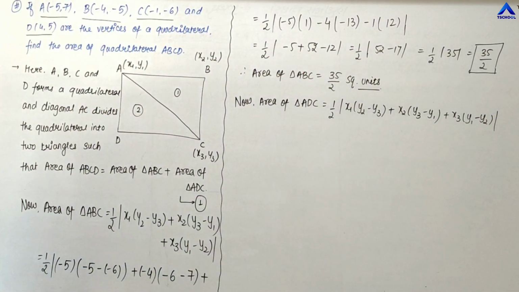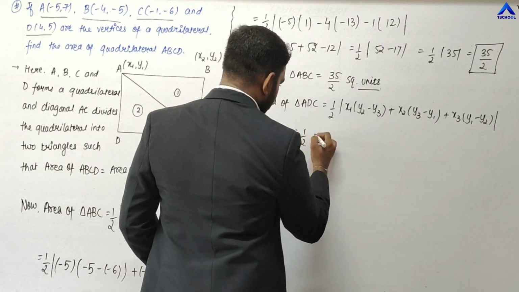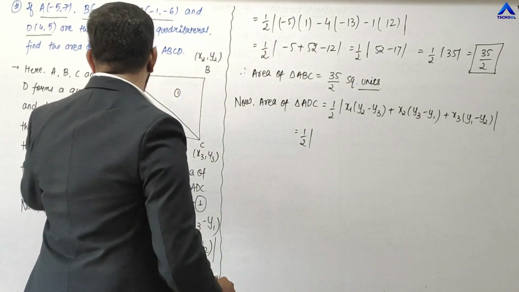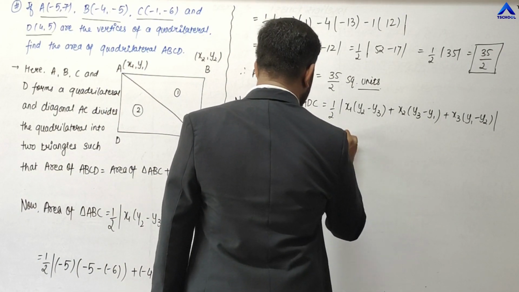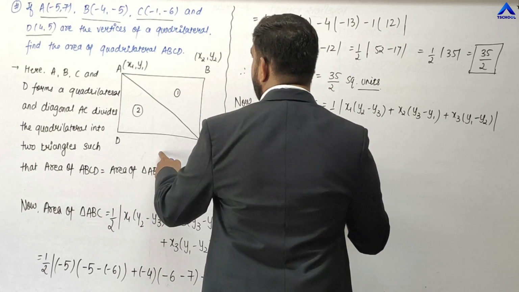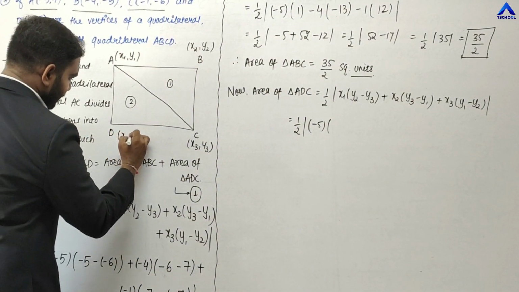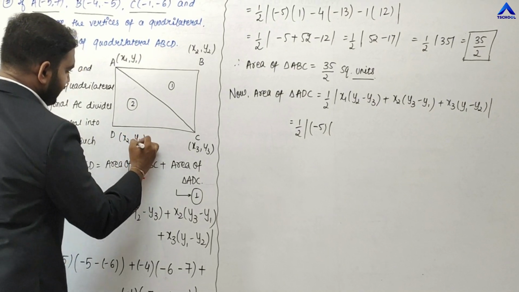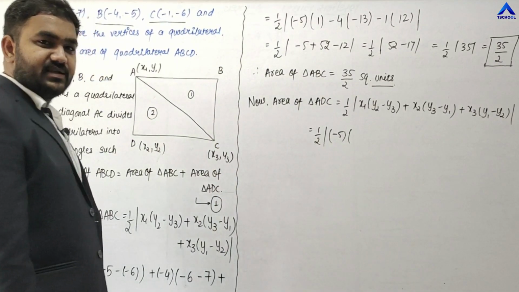Again putting down the values, here we get 1/2 modulus x1. So we take A as x1, that is -5, into y2. What is y2 we have taken? We will take now D as x2 y2, not B now. In the first case we took B as x2 y2.